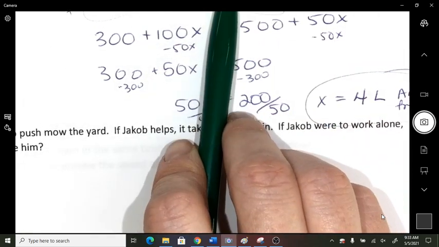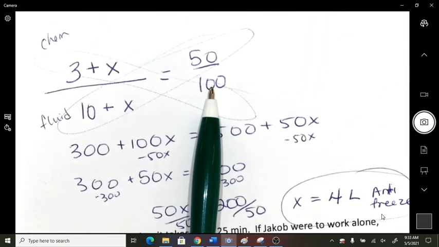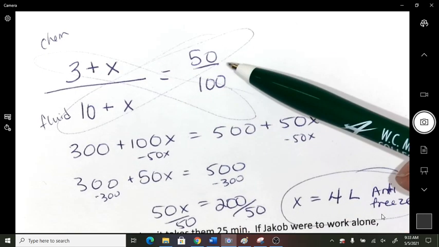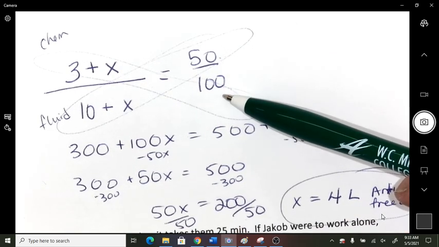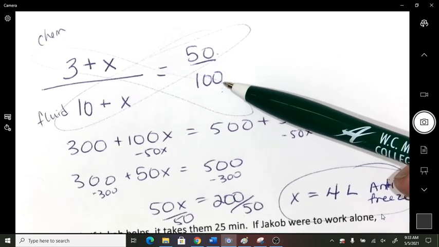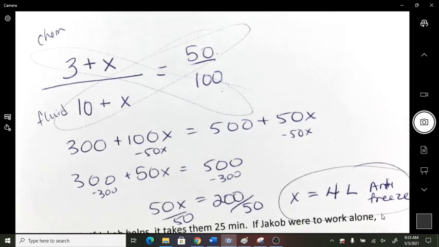So you had a 5 here? Because you need 50%. Did you do 5 over 100? Oh, okay, yeah, because 50 would be 50 over 100. So yeah, then just add zeros when you do that.